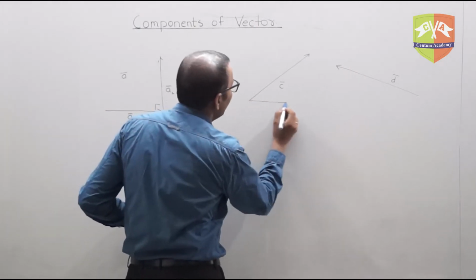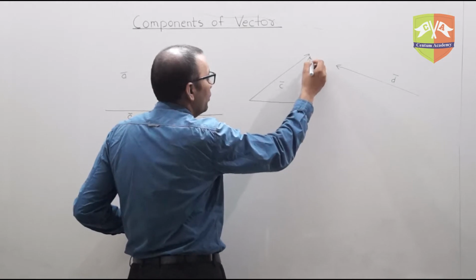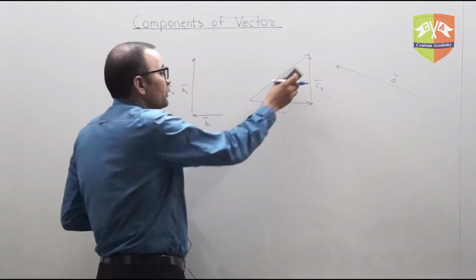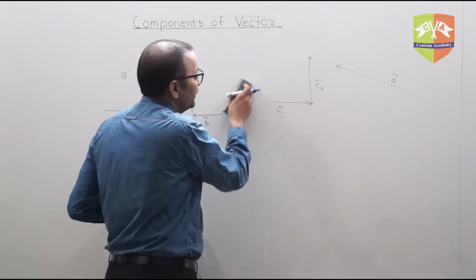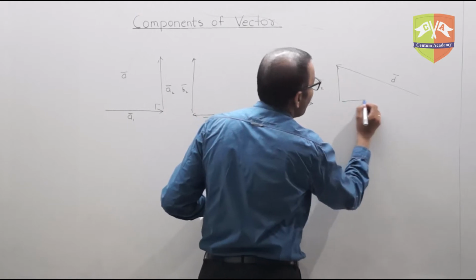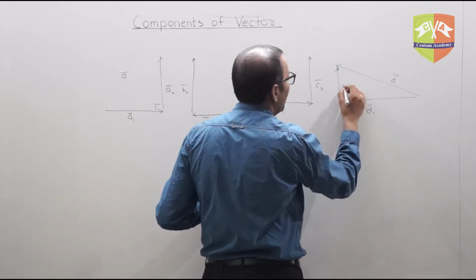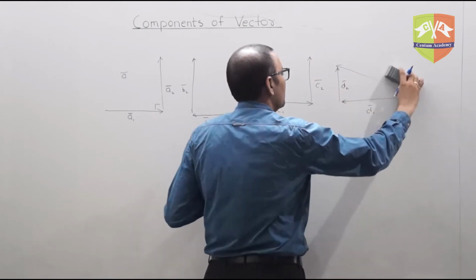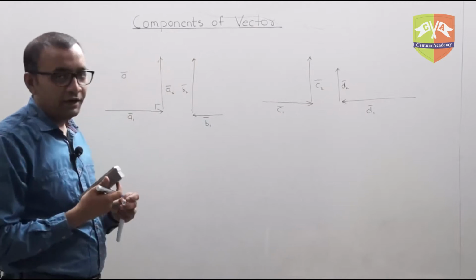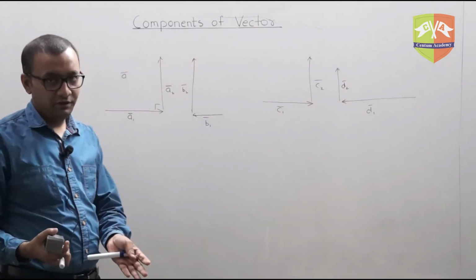So C is similarly one direction horizontal and one vertical. So this is C1 and that is C2. So I can say that C is nothing but C1 and C2. Similarly, D is one horizontal vector, one vertical vector.